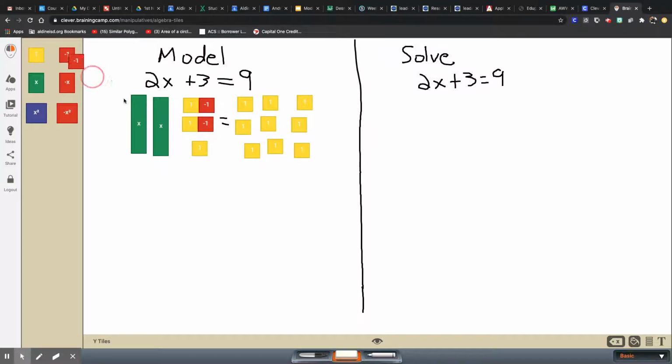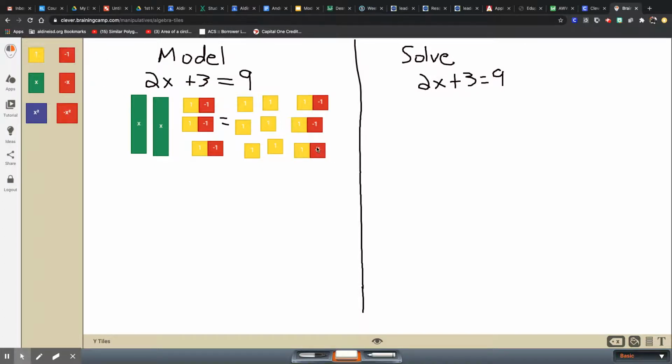1, 2, 3. And because it's an equation, we need to keep everything balanced. Whatever I do to one side of my equation, I also have to do to the other. So if I added 3 red tiles here on the left side of my equal sign, I also need to add 3 red tiles on the right side of my equal sign.